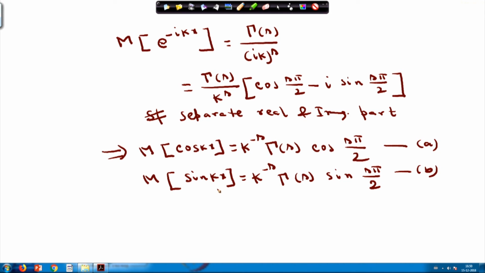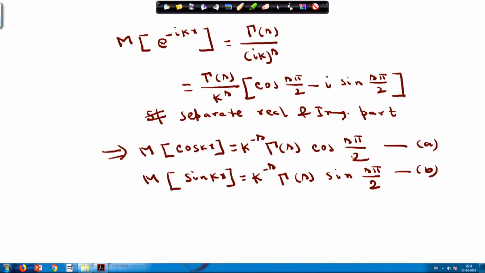So effectively, by using the Mellin transform of e power minus i kx, I am finding this, then simply equating the real and imaginary parts, I can say the Mellin transform of cos kx is k to the power minus s gamma s cos s pi by 2, and the Mellin transform of sin kx is k to the power minus s gamma s into sin s pi by 2.